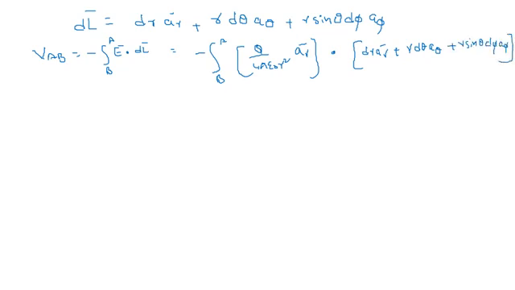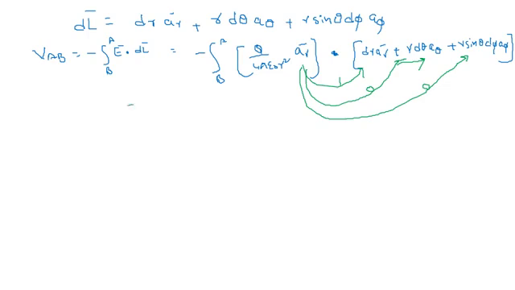Okay, now as it is a dot product, AR dot AR will become 1, whereas AR dot A theta will become 0, because in the dot product the same unit vectors will become 1 and the different unit vectors will become 0. So now finally only the first one will be existing.